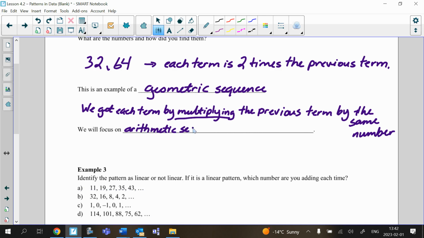That means we get each term by adding the previous term by the same number.